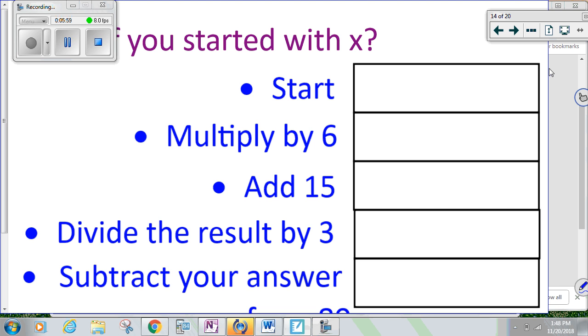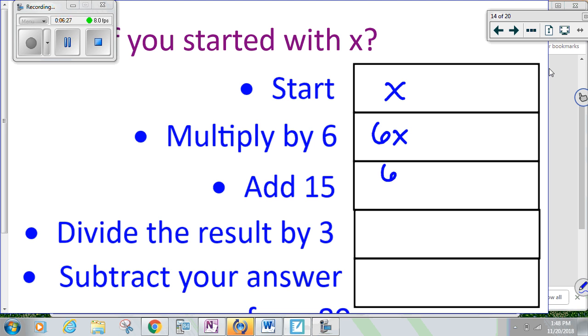All right. This time we're not going to start with a value, a number. We're going to start with a variable. So I'm actually going to start with x this time. But I'm going to do the same thing. Now here I can't evaluate as I go, or I can't simplify, I should say, as I go, because I have a variable. I don't have a number. So if I multiply that variable by 6, I would say 6 times x, and you're just going to see 6x, right?